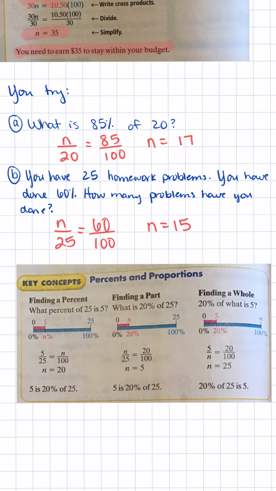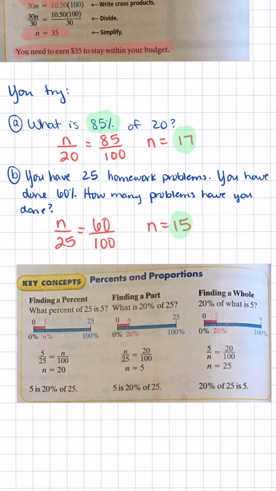For the first one, you should have gotten 17 is 85% of 20, and 15 is 60% of 25. Remember this when you're creating these proportions.